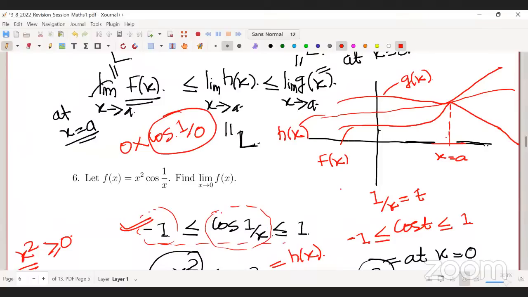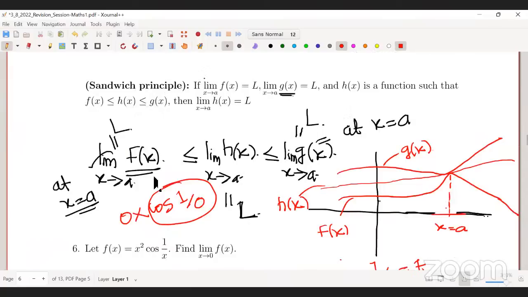If something doesn't exist, you cannot multiply that thing with 0. You can multiply 0 with some number, but you can't multiply 0 with something that doesn't exist.